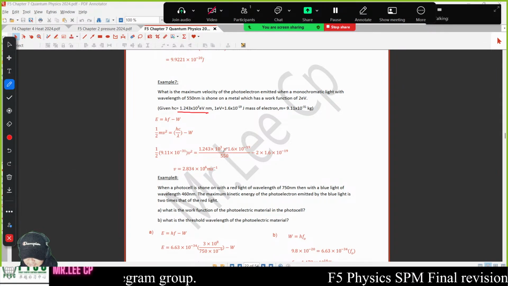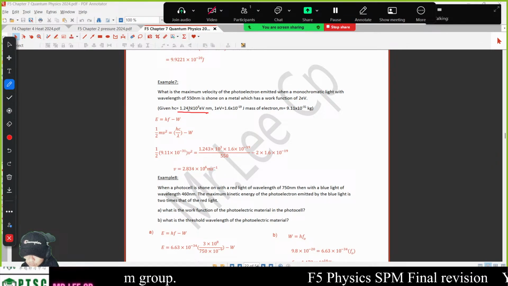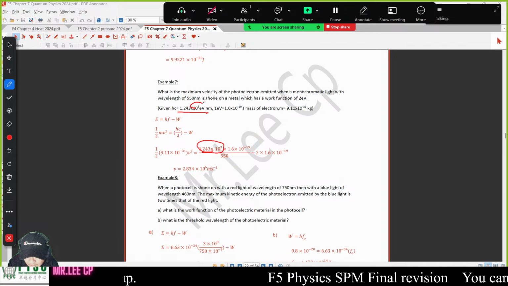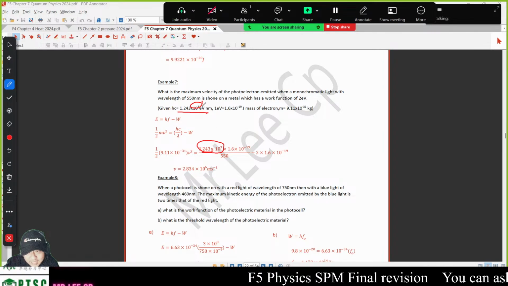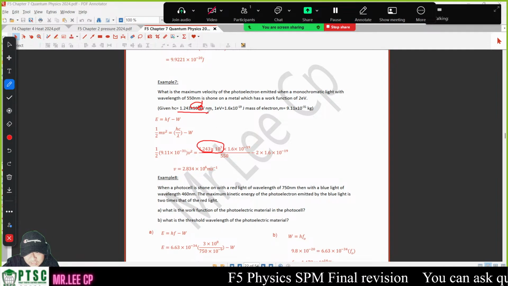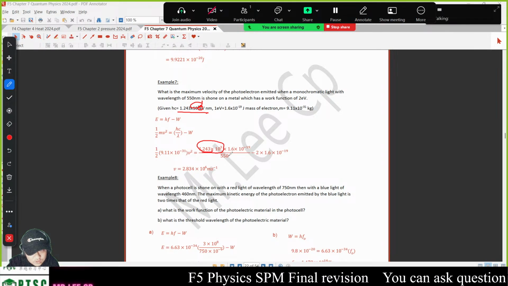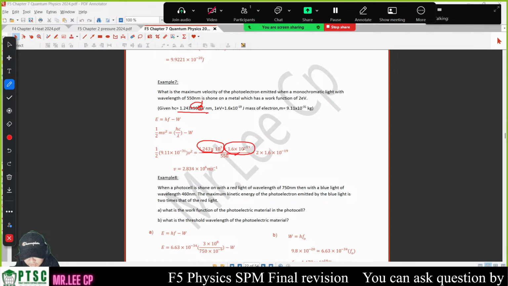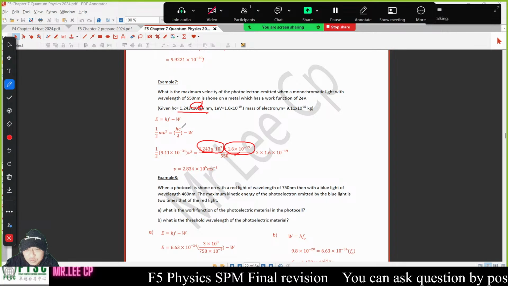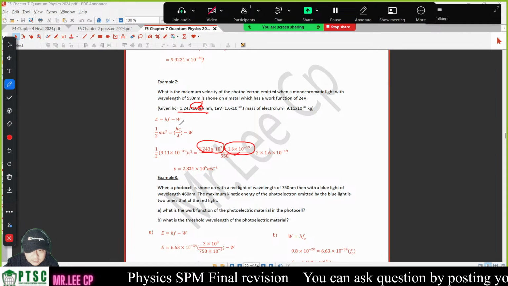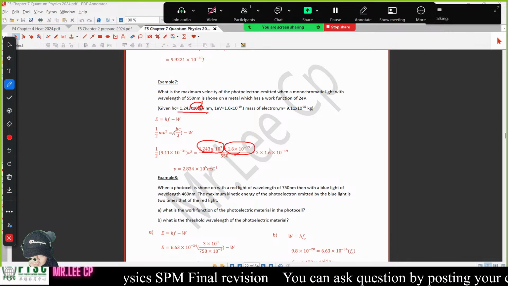hc is this one, 1.243 times 10 power 3, but this one is in eV. So 1 electron volt is 1.6 times 10 to the negative 19. They don't give you c over lambda directly, they put it all together, hc already.